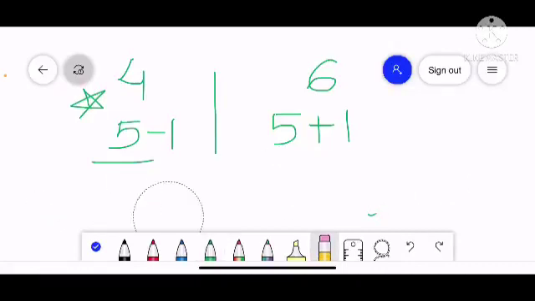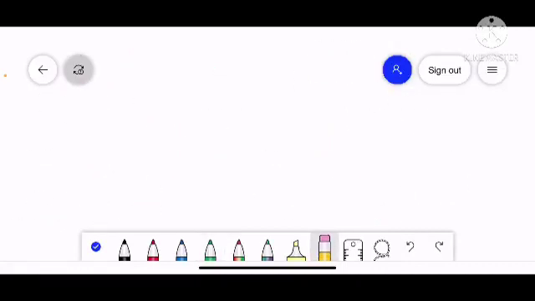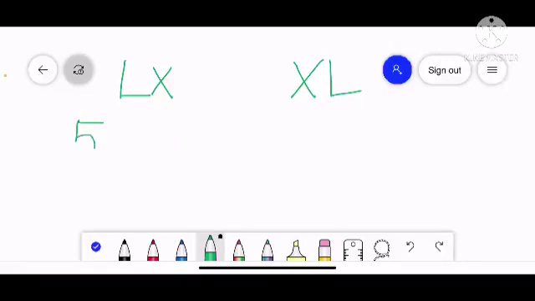Understood? Now let's see one more example. Let's compare LX and XL. Now write these Roman numerals into Hindu-Arabic numerals. Let's write L, value of L is 50, and X is written towards the right side. It means we are going to add, this is 60.